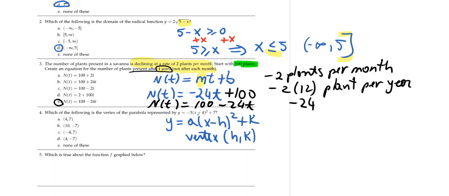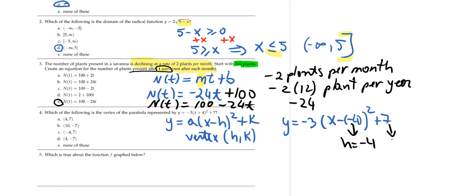So in our case, we have x plus 4, so rewrite this: y equals -3, instead of x plus 4, I'll write it as x minus -4, plus 7. So this means that my h is -4 and then my k is 7. So the vertex is (-4, 7). So the answer will be C.